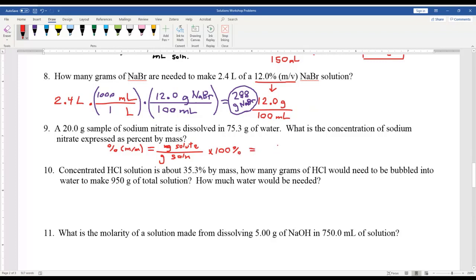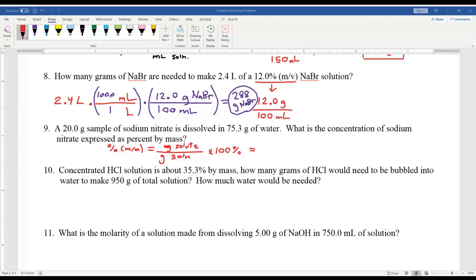So what are the grams of solute here? Which one of these is the solute, and how can you tell? Yes, it says the 20 grams is dissolved. Now, it is possible for the lesser amount to be the solvent, but usually the amount that is in the greater quantity is the solvent.